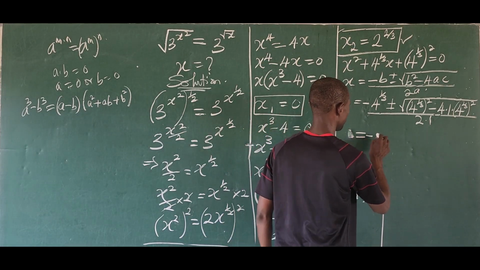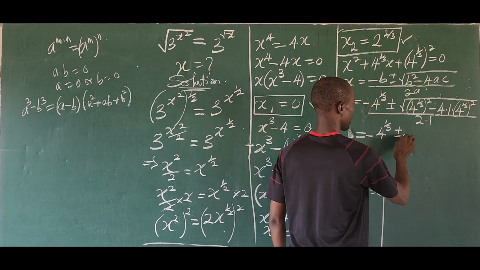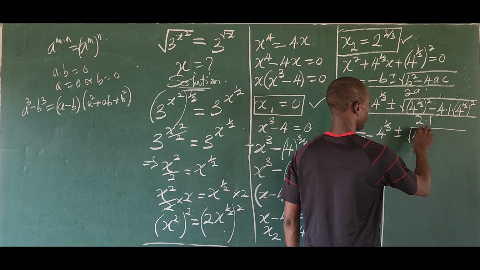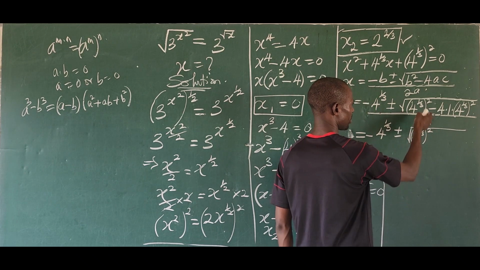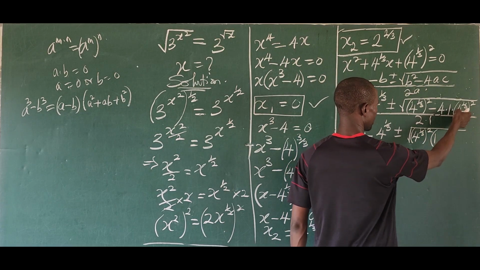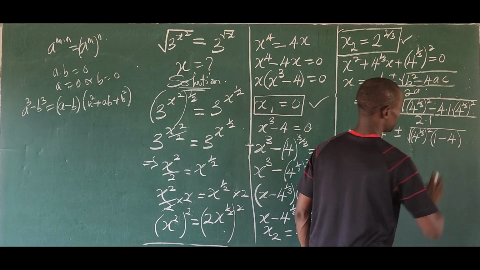Doing that, this will give us minus 4 to the power of 1 all over 3, then plus minus the square root of 4 to the power of 1 all over 3, all raised to the power of 2. If we use this to divide this, we are left with 1. So we're going to have here 1. If we use this to divide this, we are left with 4 times 1, which is 4.